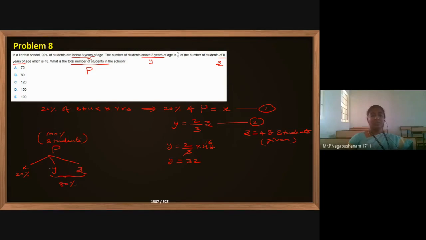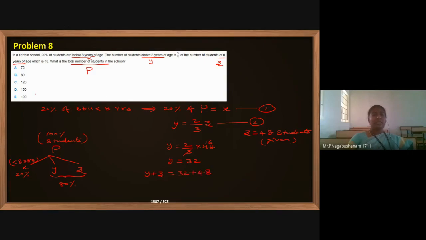So Y plus Z should be 80%. Now we already know Y plus Z is nothing but 32 plus 48.